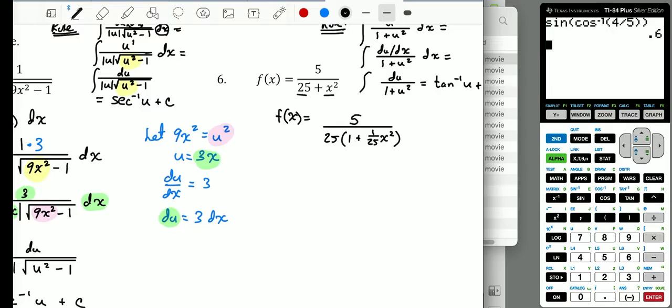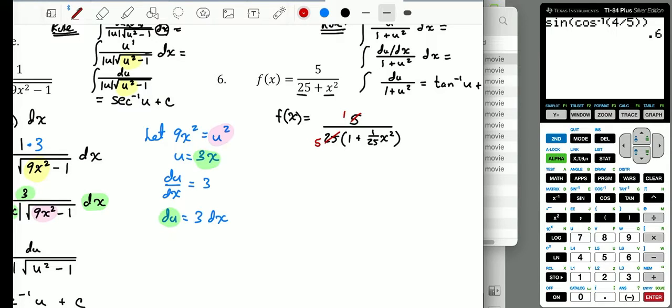It's just a question of whether it's worth it to do that, but we'll do it. 5 goes into 25 5 times. And then we'll see where we end up.